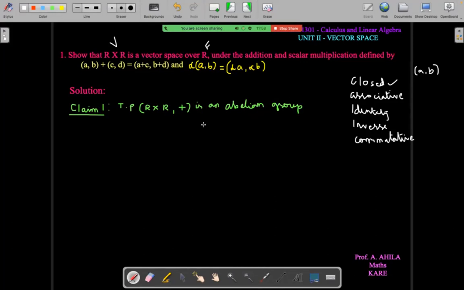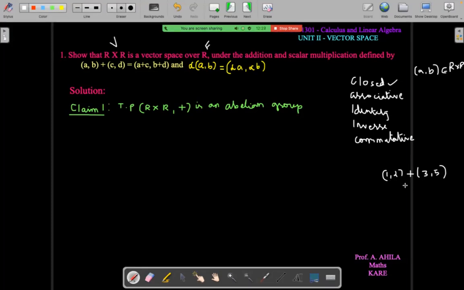So if we choose any 2 elements like (1, 2) and, with respect to addition, plus (3, 5), these elements 1, 2, 3, 5 are real numbers, so we can choose like this.